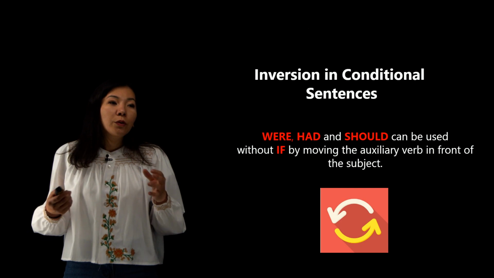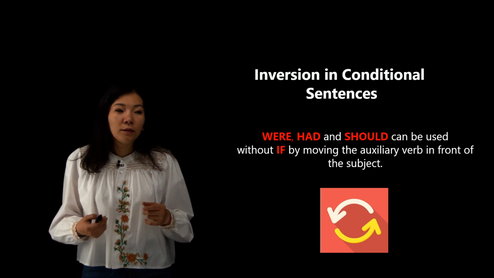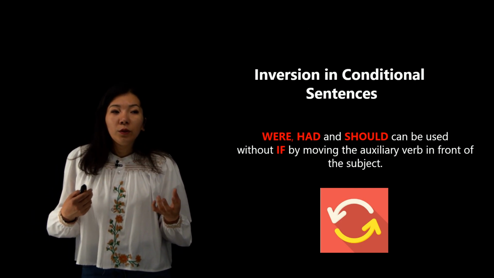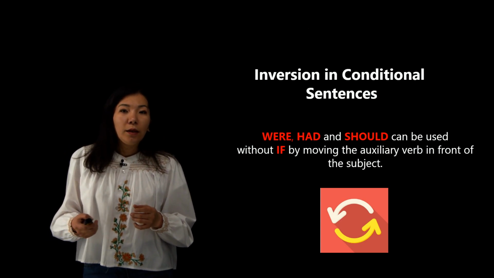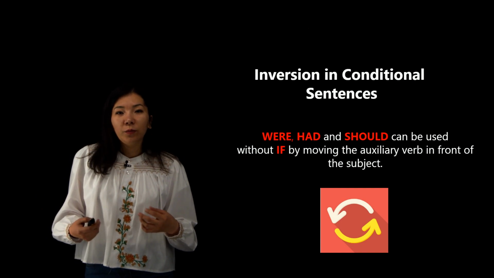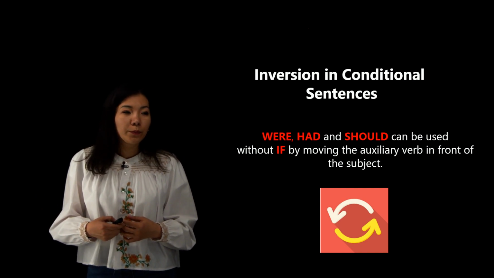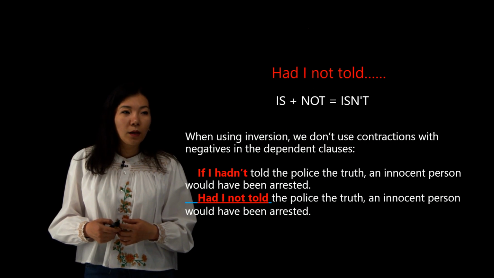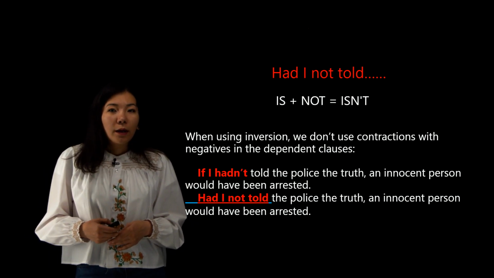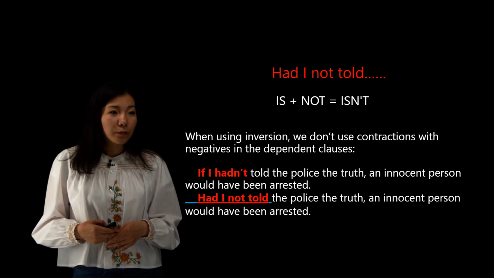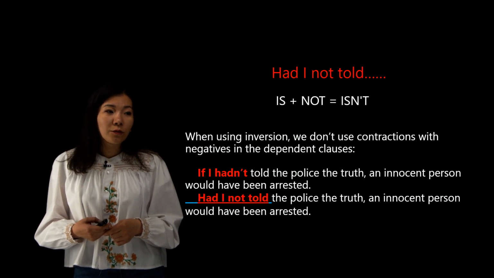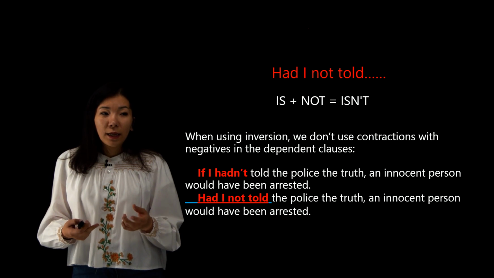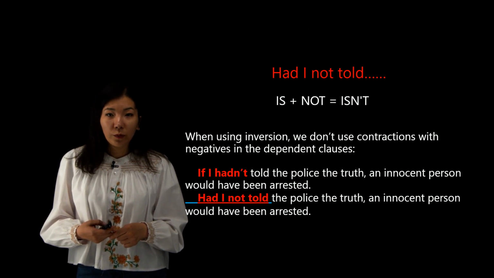Whenever you make a sentence, you put these auxiliary verbs at the beginning and your sentence will be more formal. And when using inversion, we don't use contractions with negatives in the dependent clause.